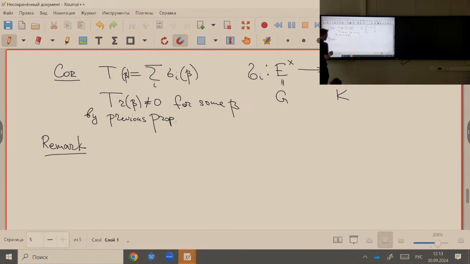Now I want to pass to the proof of the theorem of finite generatedness. Yes, and now we are thinking about field extensions, so you have A, you have B here.